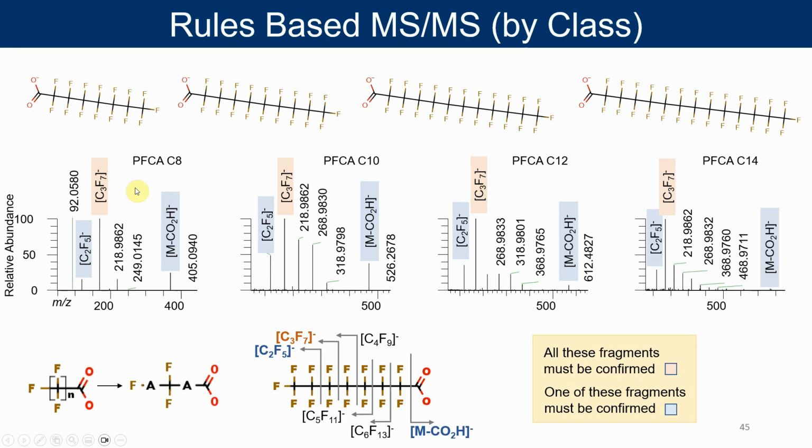Another thing to do is if we know how a specific molecule fragments, not just what the fragment is, but what a specific molecule does. You can see that for this class of molecules, the PFCAs, they all give similar fragments, as you'd expect. We can create rules. So we can say, hey, I need the intact mass, the accurate mass of the whole thing, maybe even the right isotopic pattern for the whole thing, as we discussed.